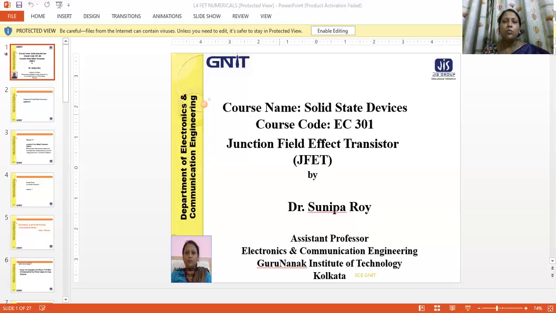Now, if we go through the numerical problems of JFET for better understanding of the FET characteristics, we can see that the DC load line is there. So what is the DC load line?